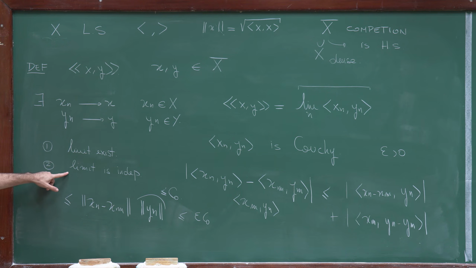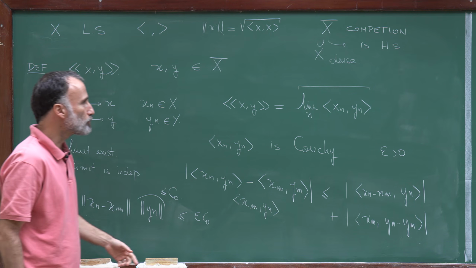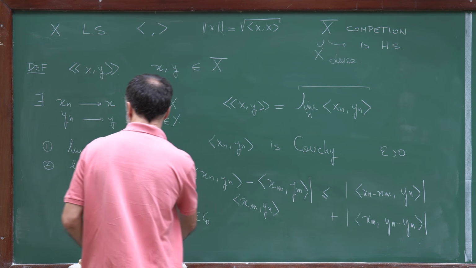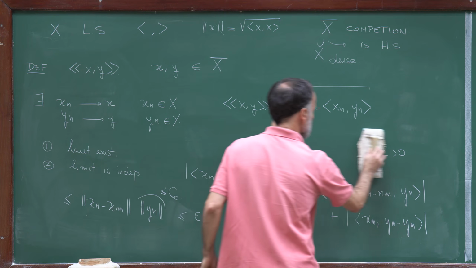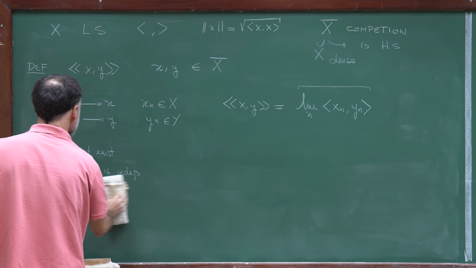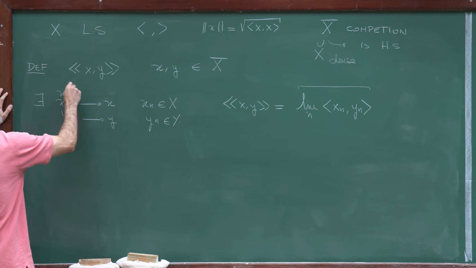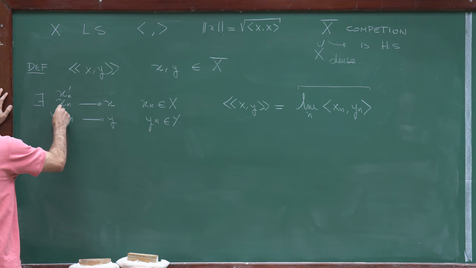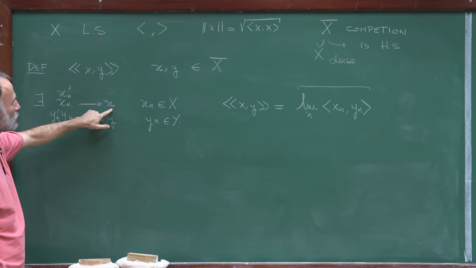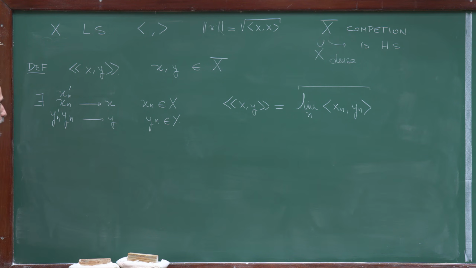Now the second step is, well, let's take another sequence, xn prime and yn prime, which are converging to x and y respectively, and let's prove that the limit is the same. So now I'm starting from two sequences, xn and xn prime, yn and yn prime. xn and xn prime are converging to x, yn and yn prime are converging to y.